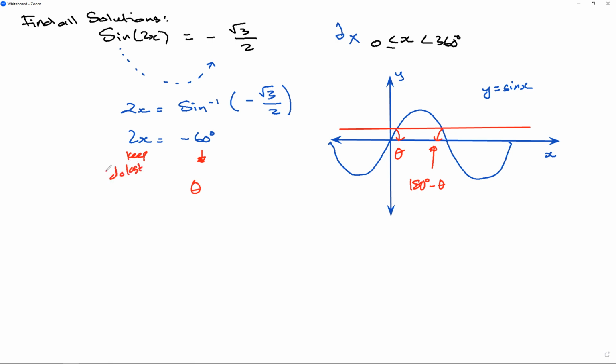Okay, so we'll do this last, divide by 2. So my first solution is going to be negative 60 degrees. My second solution is going to be 180 degrees subtracted from the first solution. Basically 180 degrees minus negative 60, which will get you to 240 degrees.